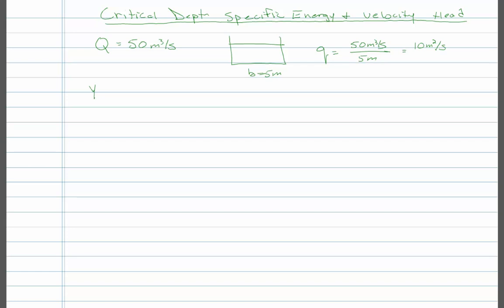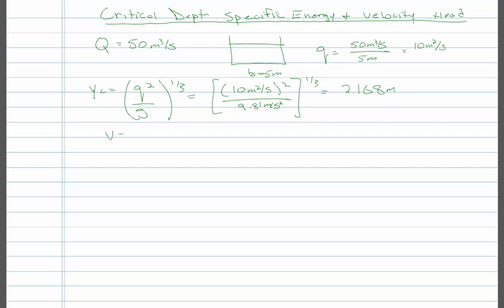We can find for a rectangular channel the critical depth pretty easily using this formula, so that it is (10 square meters per second)squared divided by 9.81 meters per second squared, to the 1/3 power, and that tells us that the flow depth is 2.168 meters.